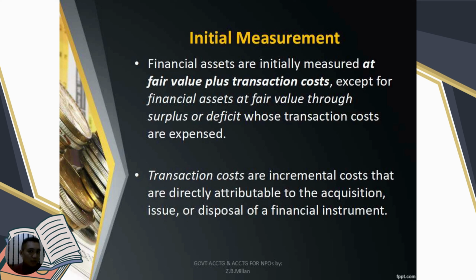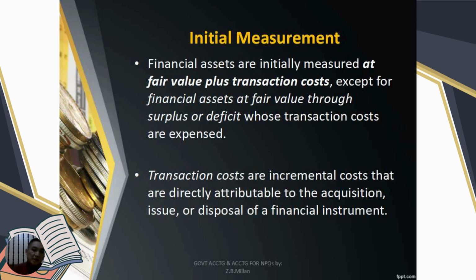Maybe in the past you already learned what investment in trading and investment in available for sale securities are. And you know already how we recognize a financial asset at fair value plus transaction cost, and when do you recognize that as expense?